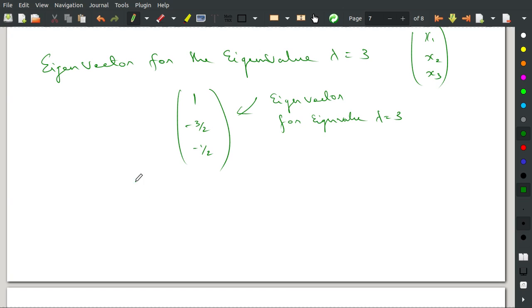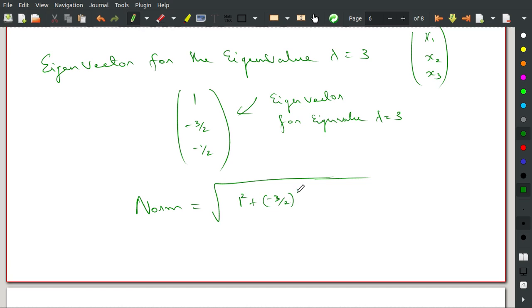We square each of these terms, sum them, and take the root. So 1 squared plus minus 3 by 2 squared plus minus 1 by 2 squared.